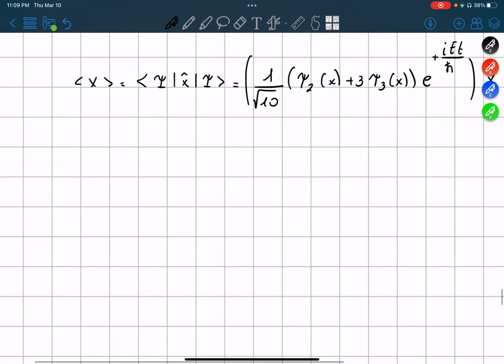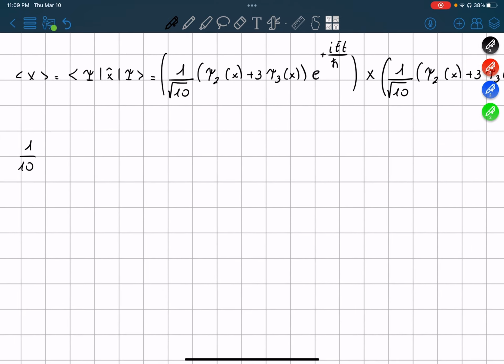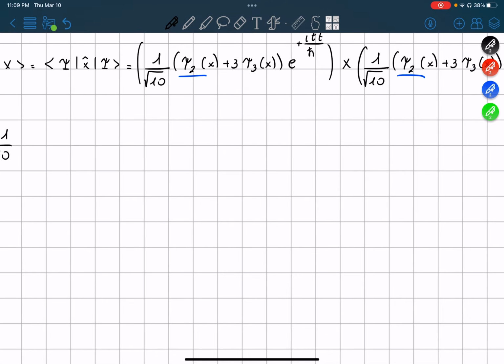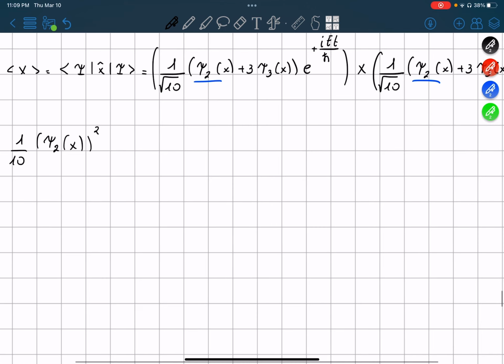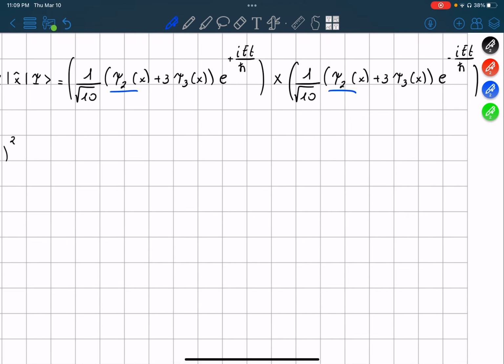So the first part we're going to get 1 over 10, because we have 1 over square root 10 two times, and then we have the psi 2 with the psi 2, so we're going to get psi 2 in terms of x squared. Oh, you know what?